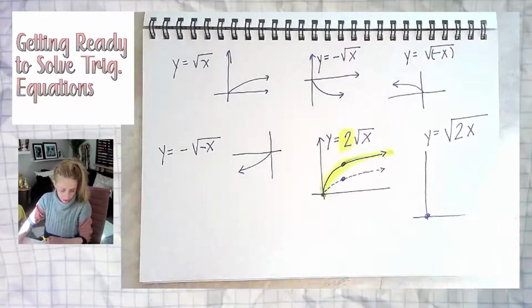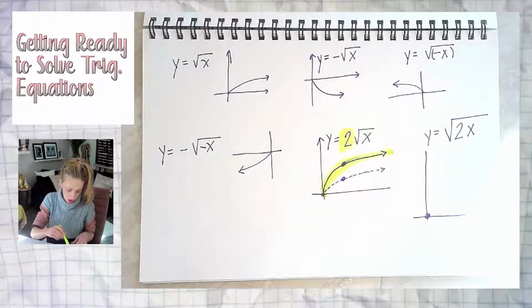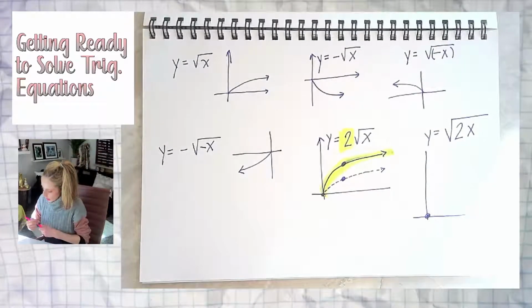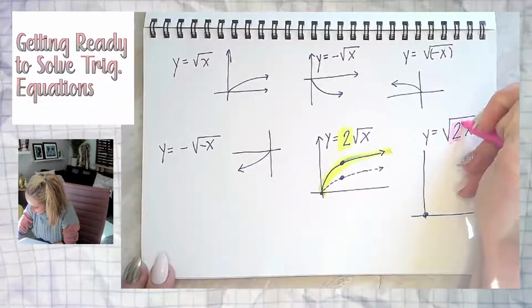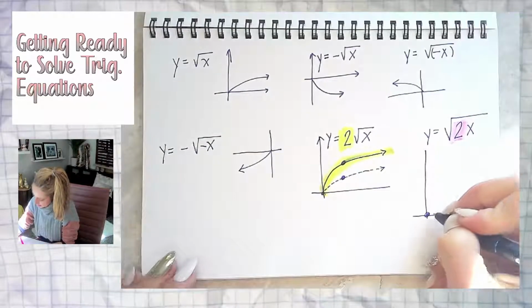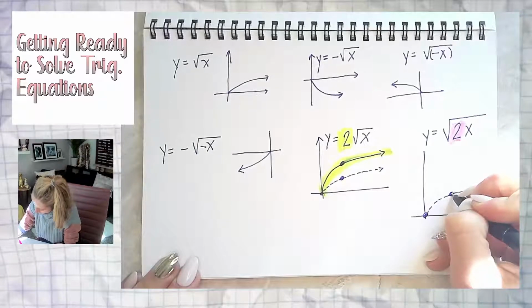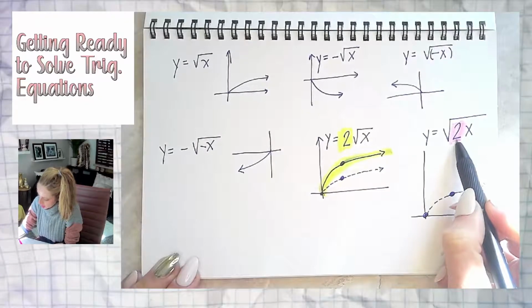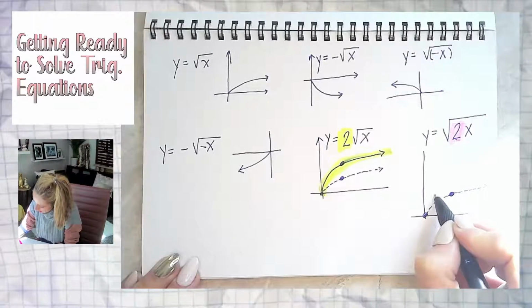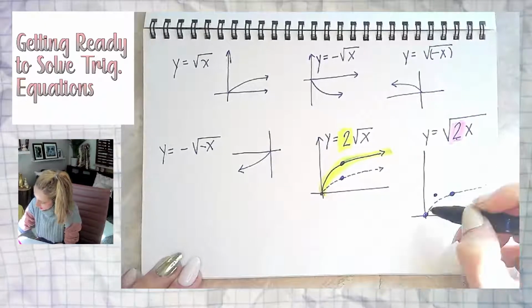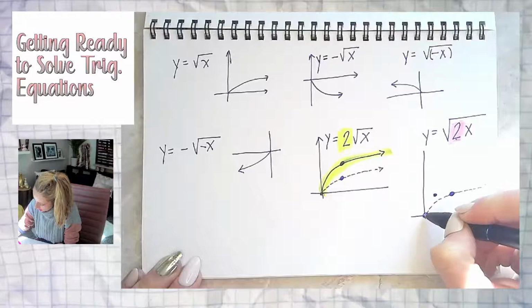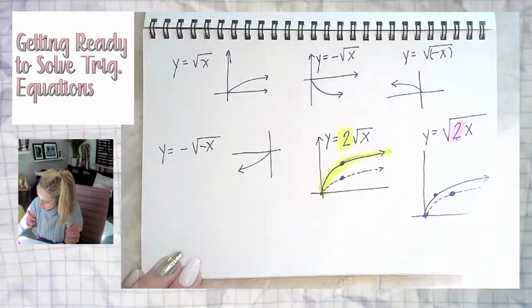I'm going to have to be very careful drawing this, so I'm just going to switch. Okay. If you have this 2 on the inside, this would be the original. Put a dot there. The 2 would be this.